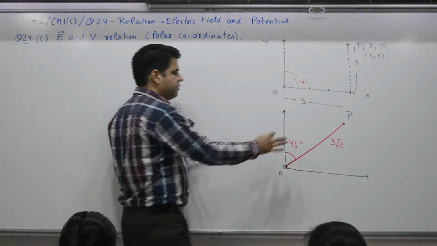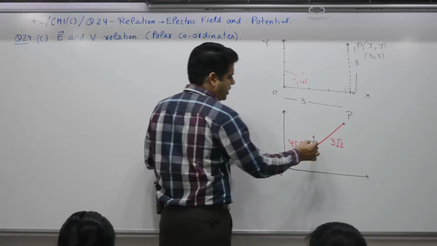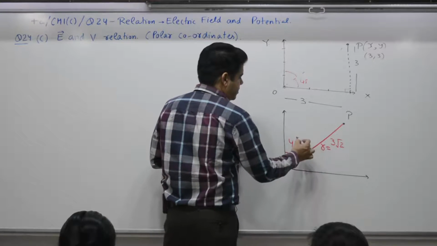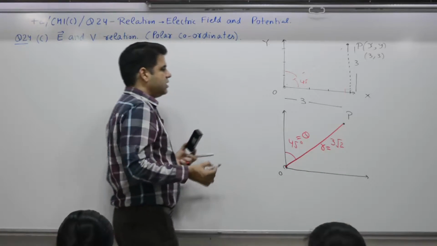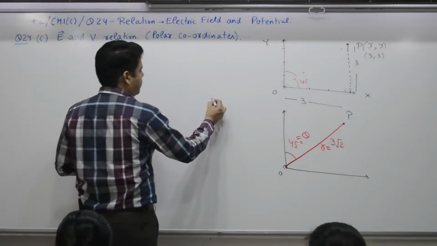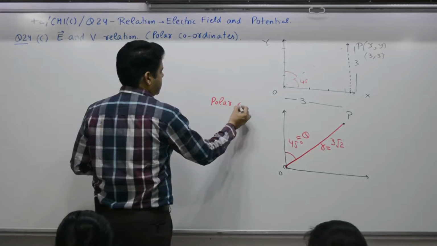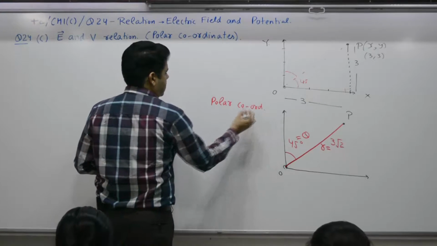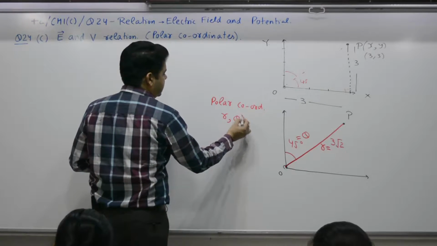This arrangement where you specify two aspects, R and theta, is termed polar coordinates, where you specify R and theta.